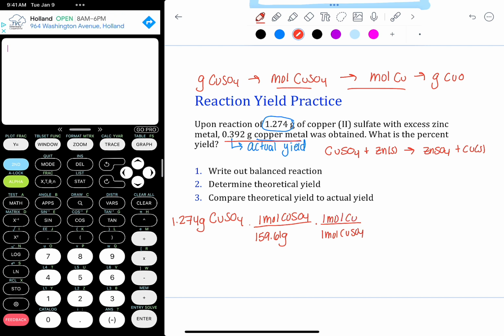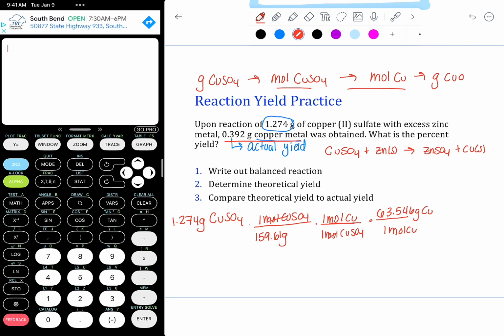That cancels out our moles of copper sulfate. We're left with moles of copper. And now we just use our molar mass of copper from the periodic table, multiply 63.546 grams of copper for every 1 mole of copper.